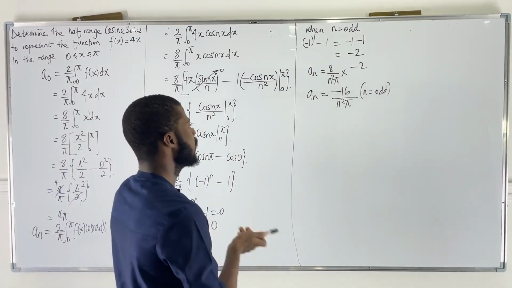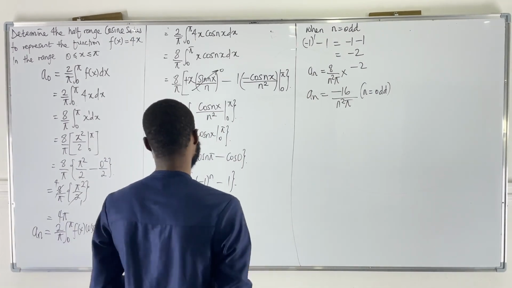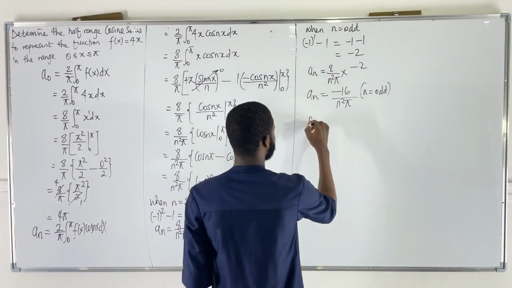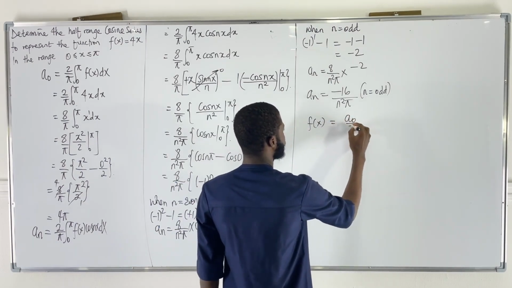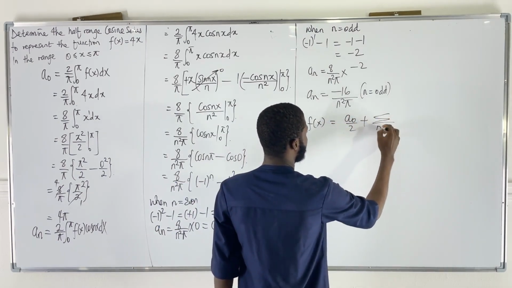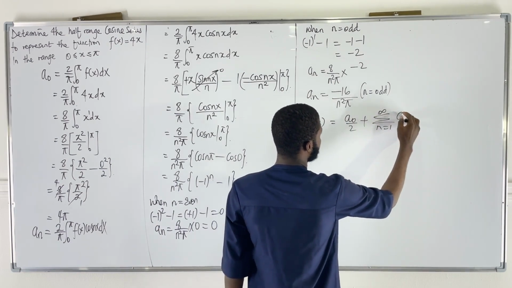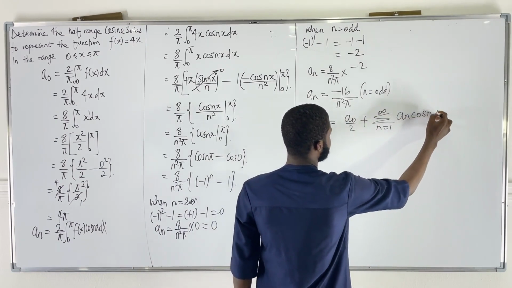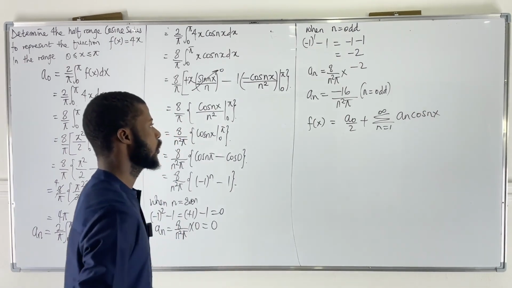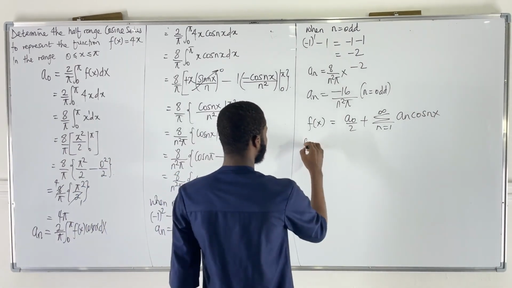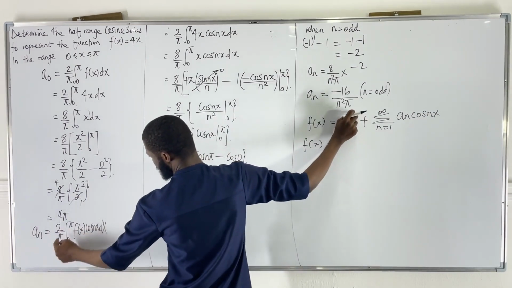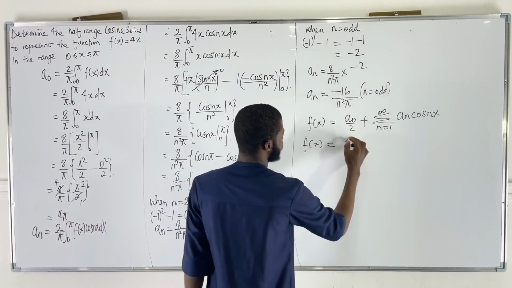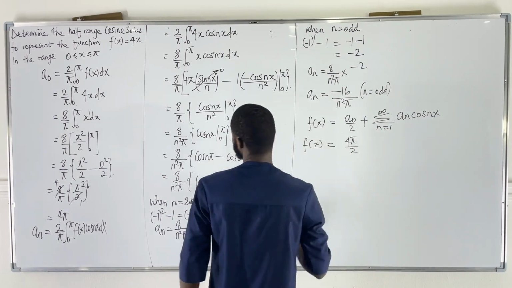All right. Now let's proceed. So let's find our Fourier series. So f of x will then become a naught over 2 plus the sum from n equal to 1 to infinity of a sub n cos nx. All right. So this is f of x equal, now a naught is 4 pi. So this is 4 pi over 2.